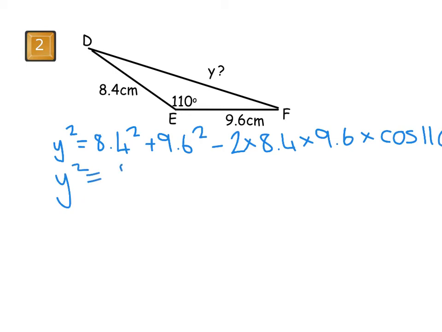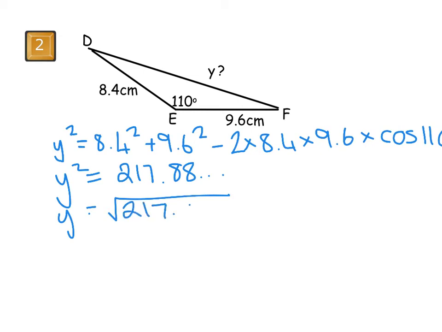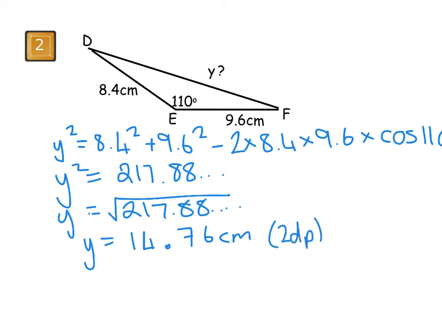Which gives us 217.88, and so on. We're then going to square root that number, and that will give us, again with 2 decimal places, 14.760, so 14.76 centimetres to 2 decimal places.